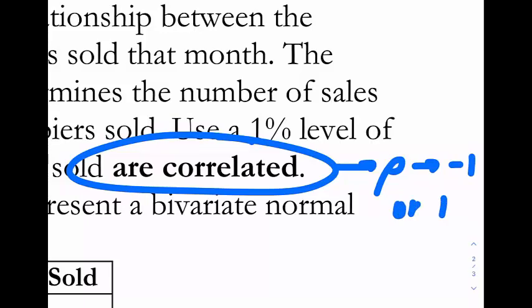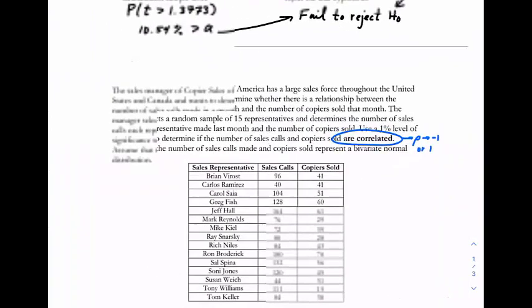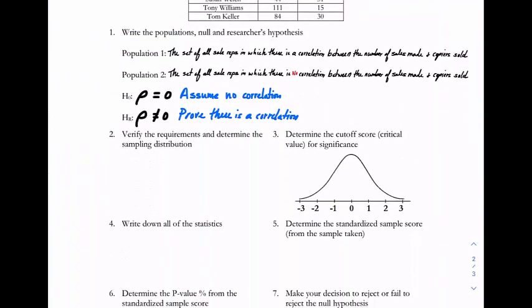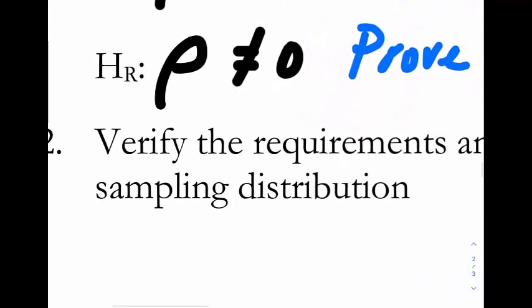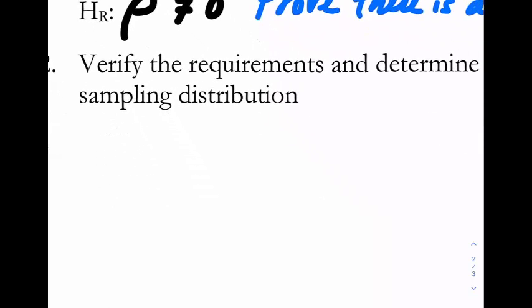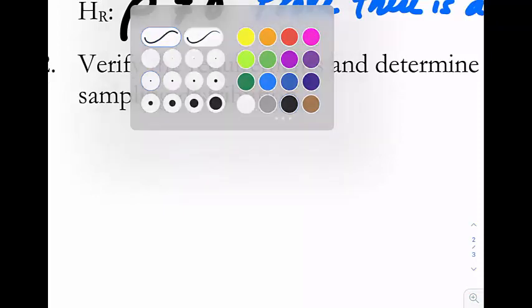So for a correlation, it's not being specific about being one directional. You can go either way. You can prove it's negative, like a negative correlation, or positive, as long as there's something there. So let's keep that in mind, that we're not being specific here, and that's why I went with the not equals, the two-tail case. We'll look at that in just a minute.